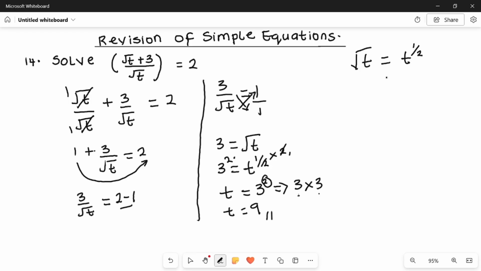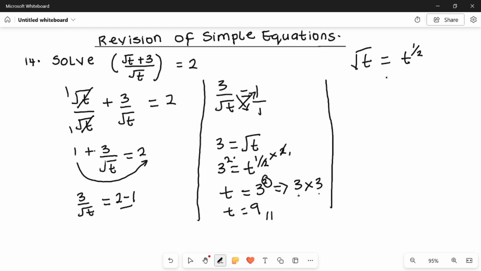Similarly, another way you can solve this question very fast is to simply multiply both sides by root t. You multiply the right hand side by root t and multiply the left hand side by root t.